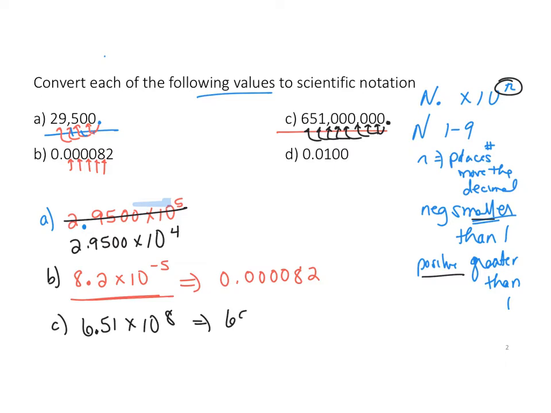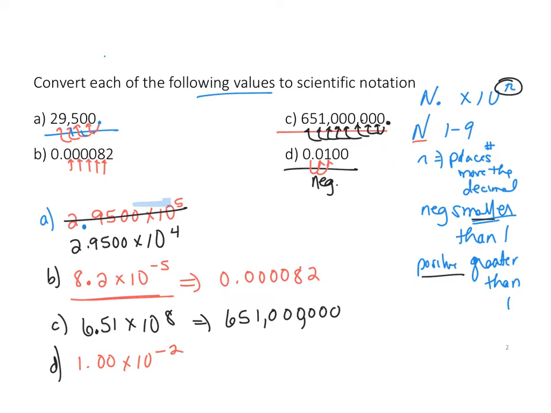And you can count 6 zeros. Okay, so D, is it going to be a positive exponent or negative? Yeah, this is going to be a negative exponent. And you move the decimal 1, 2 to get that number in between 1 and 9. So 1.00 times 10 to the negative 2.